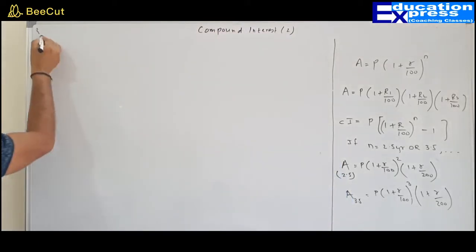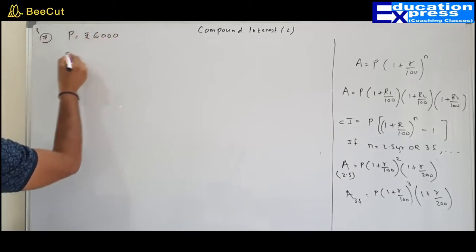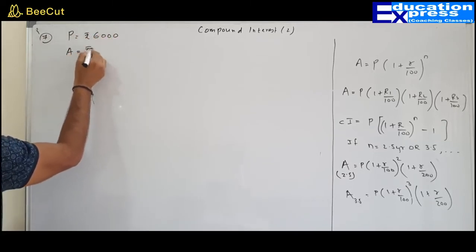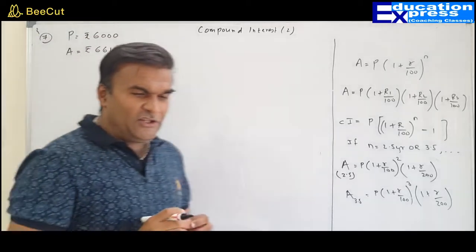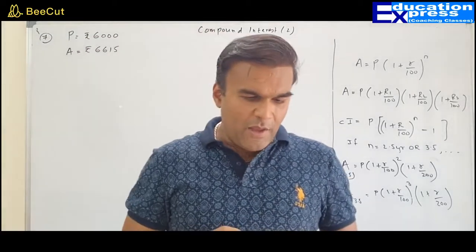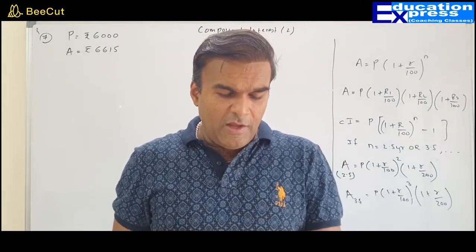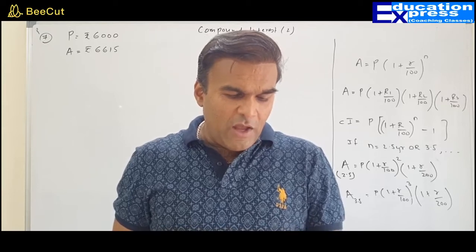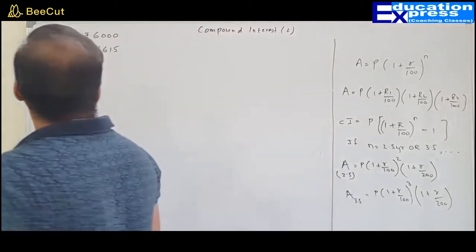Principal is rupees 6,000, amounts to rupees 6615. At what % rate per annum will rupees 6,000 amount to 6615 in 2 years?